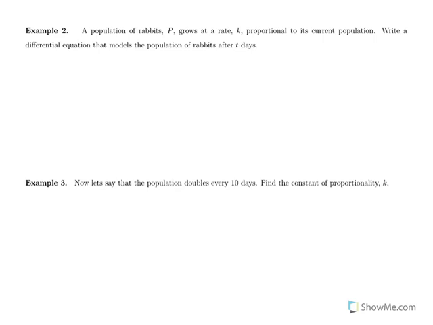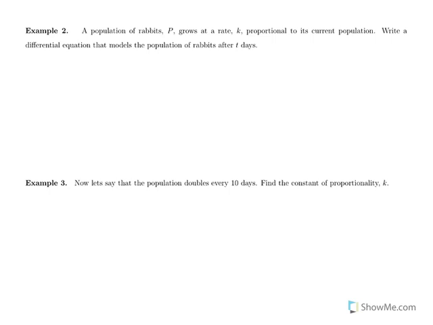So that's when we're talking about population is often a good example, but we're talking about something growing at a rate proportional to something else, or maybe declining at a rate proportional to something else. So here we're going to think about rabbits, the population of rabbits, and it's going to grow at a rate k proportional to its current population. We're going to write a differential equation that models the population of rabbits after t days.